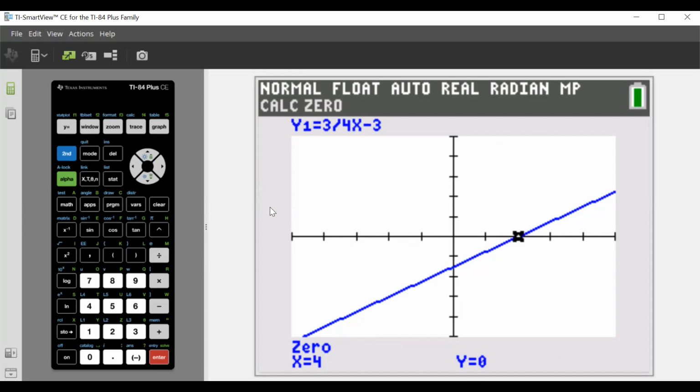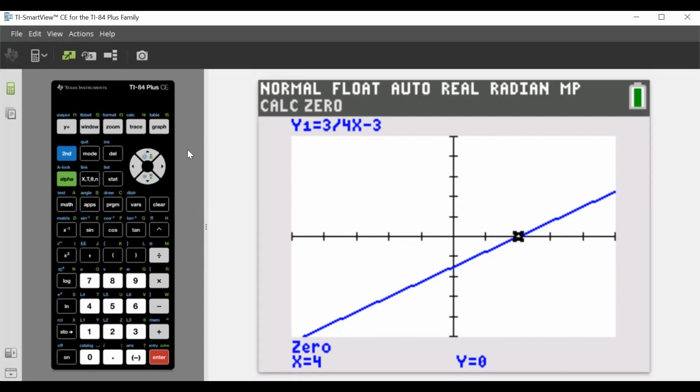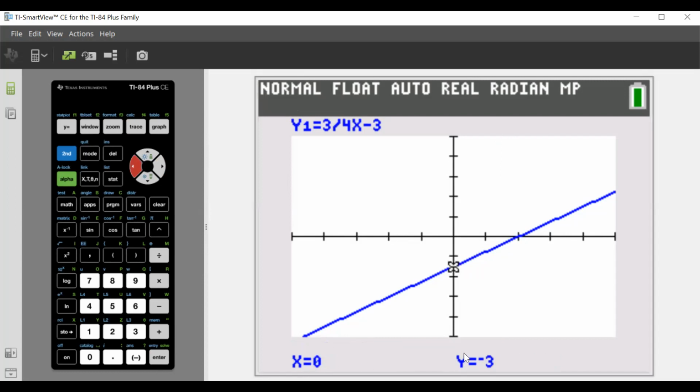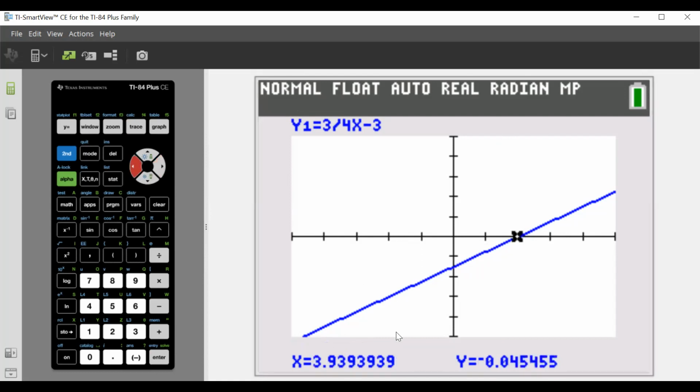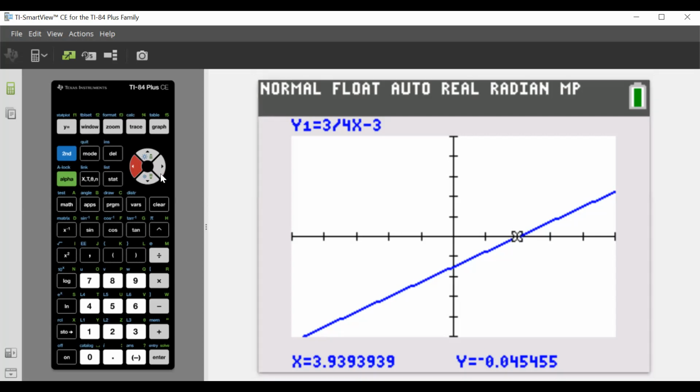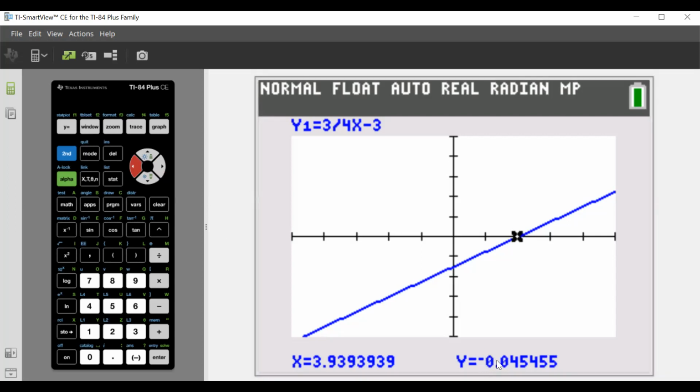Okay. Now, in some cases, there's a different way you could do it. You can just hit trace and you can arrow around and see what it is. So this one actually works. It gives you 0, -3. Now, does it work going this direction though? And that one, see, doesn't work quite so well. It gets you close, and close isn't going to help us because we need this to be exactly 0.